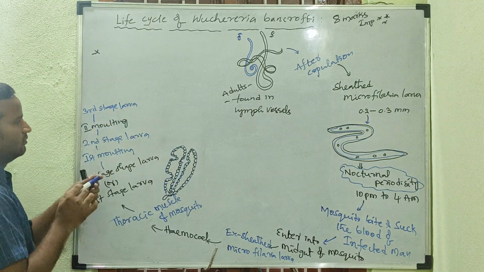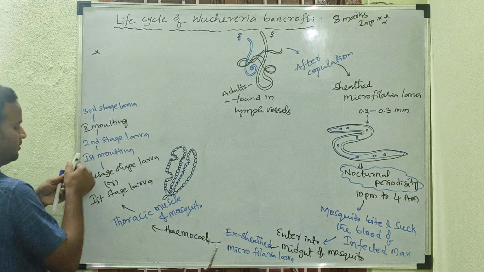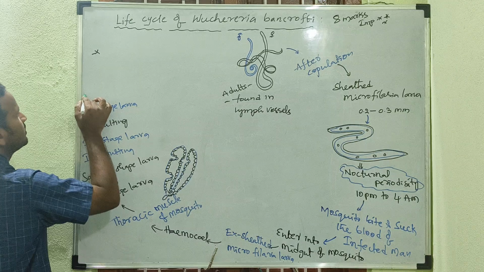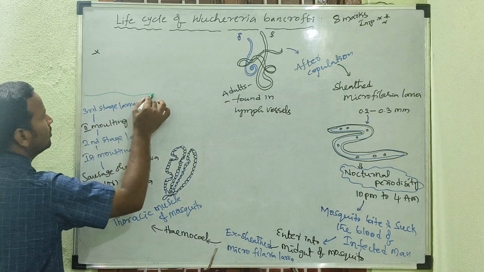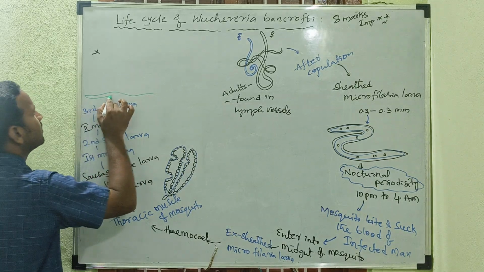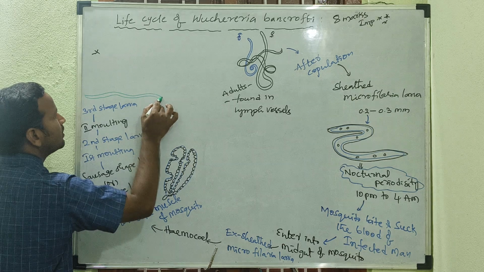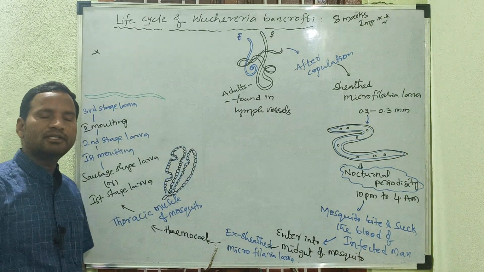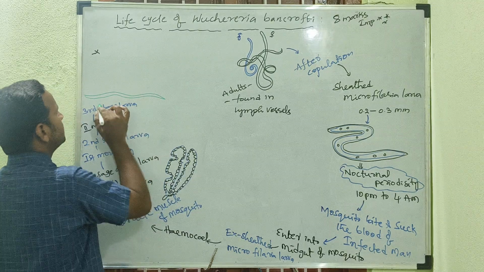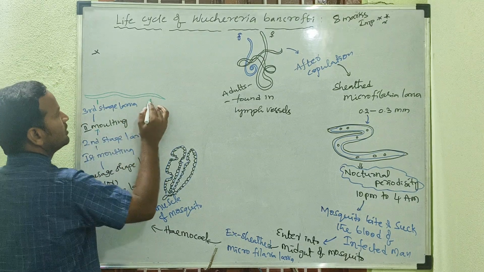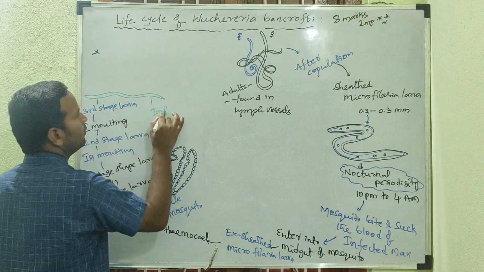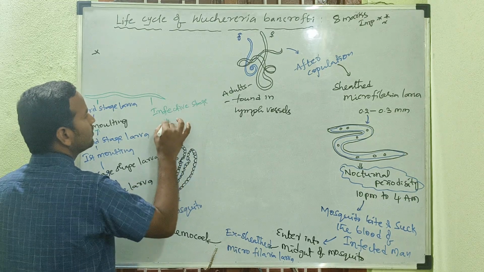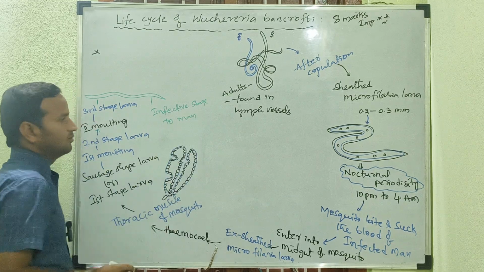Yes. The third stage larva is what? Elongated. This is what the third stage larva looks like, in which the stage is elongated and infective to man also. Third stage larva. This is what? Infective stage to man.